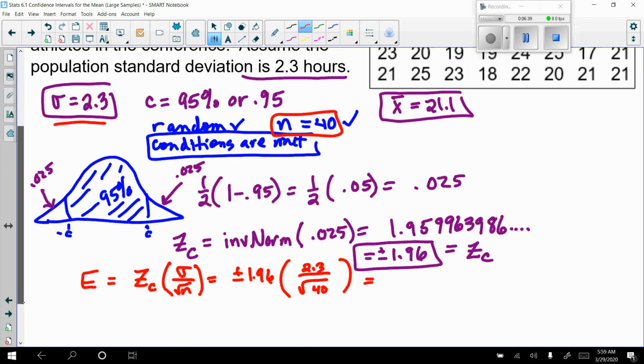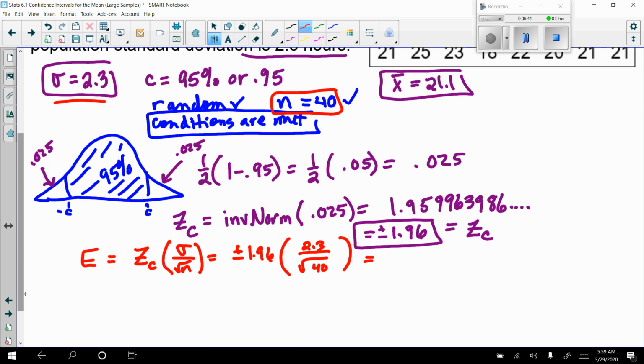Plugging that into my calculator, I'm going to get plus or minus 0.713.